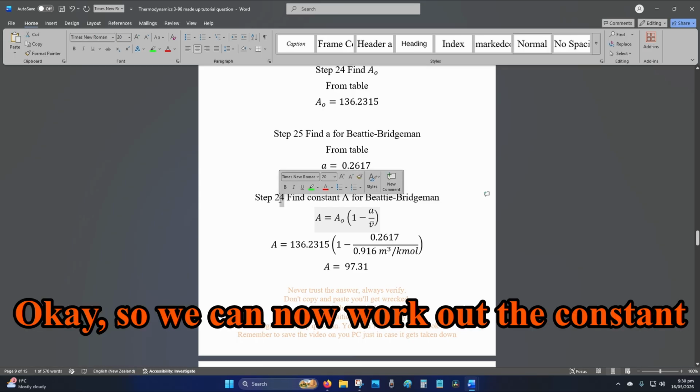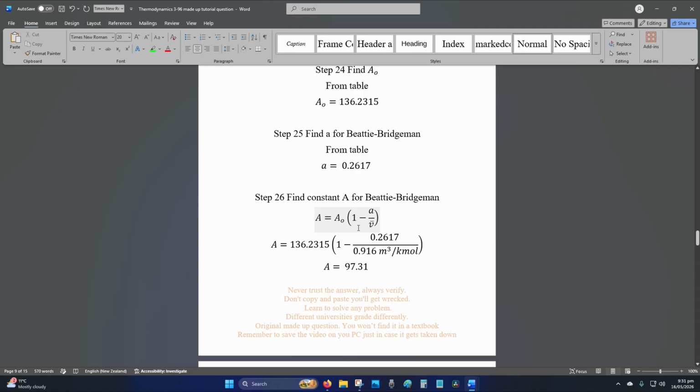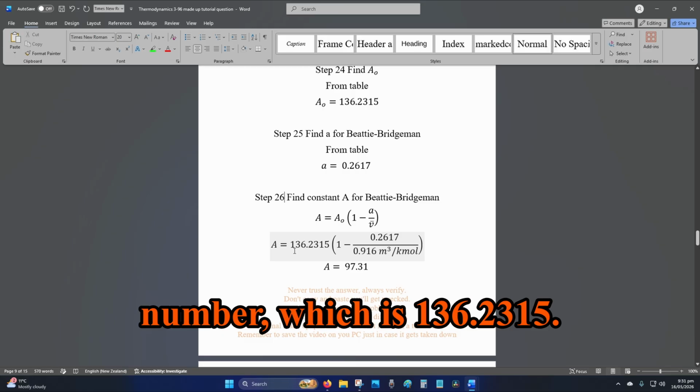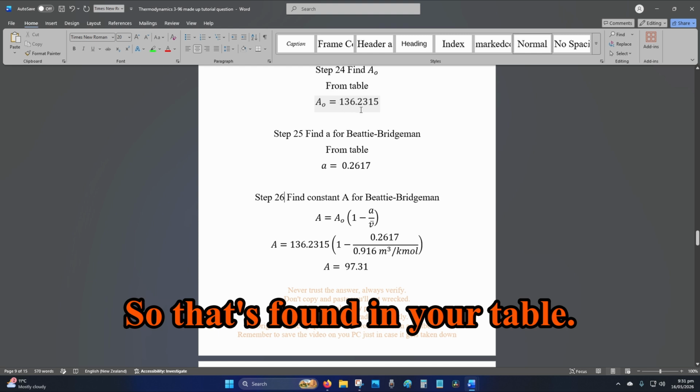Okay, so we can now work out the constant A, which is the capital A. So you've got this number, which is 136.2315. So that's found in your table.